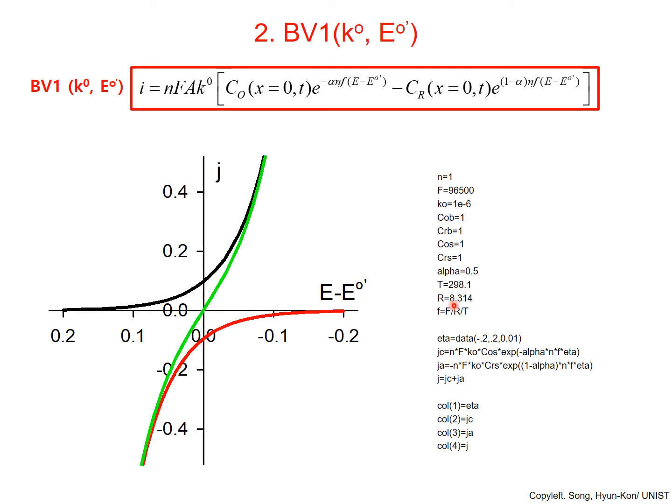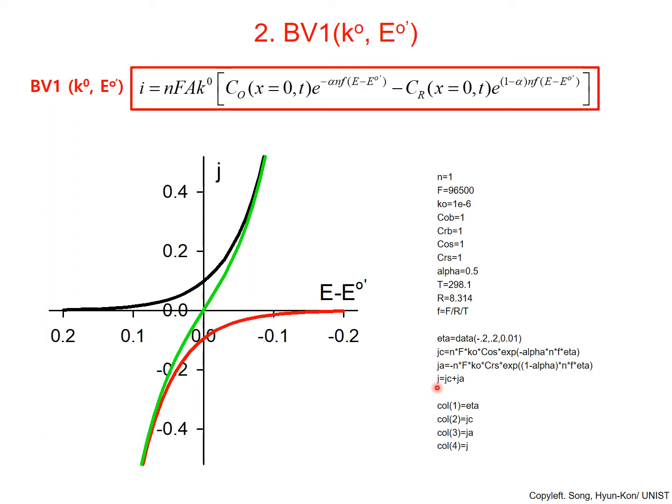R is the ideal gas constant, and small f was redefined as F per R per T. And the total current J indicates actually current density, ampere per centimeter squared.